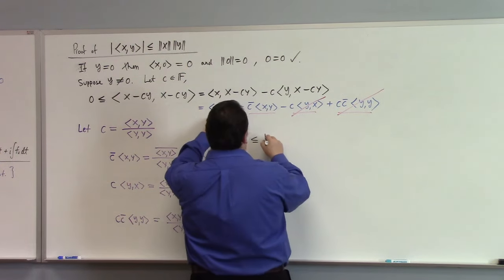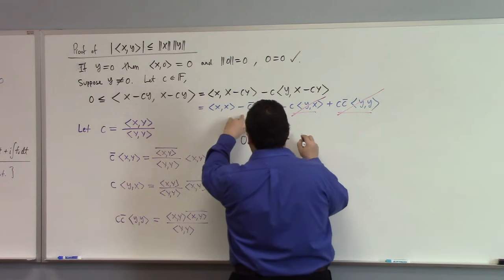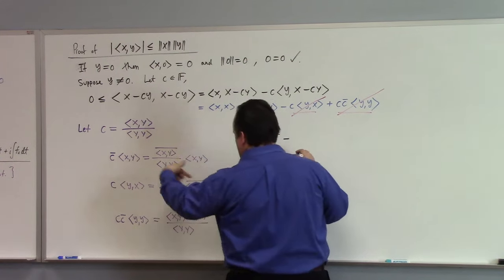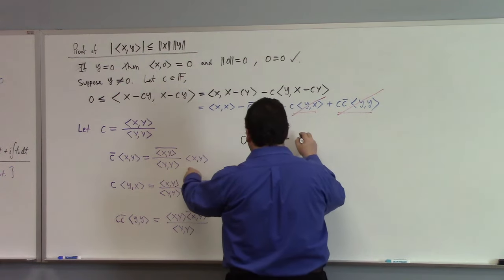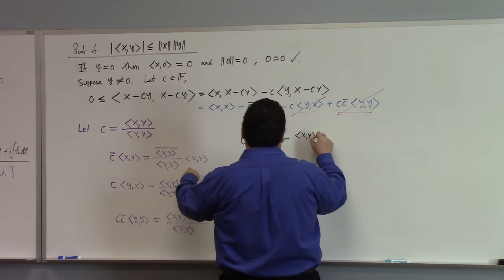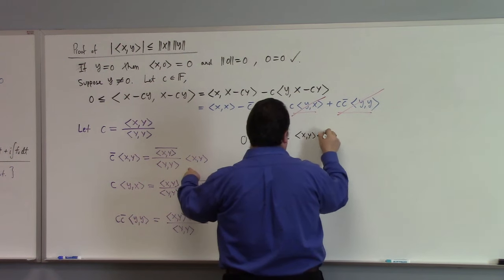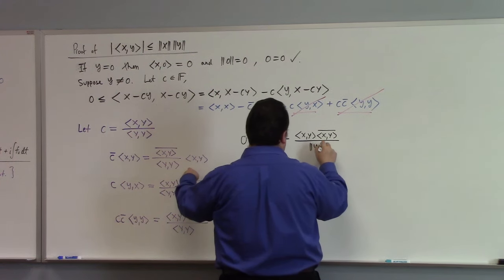Well, this is by definition the length of x squared minus this term, which again is the first one. So this is actually xy times xy conjugate divided by the length of y squared.